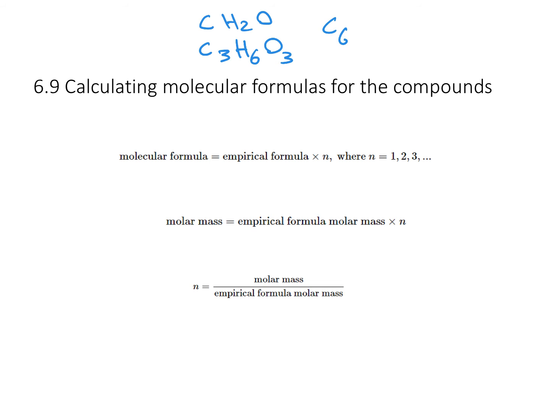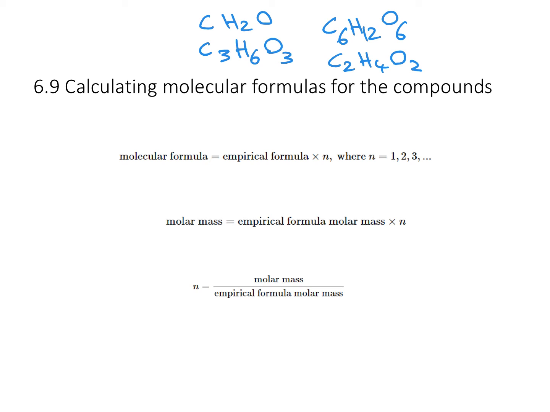Or it can be C6H12O6, or C2H4O2. So the molecular formula gives you the actual number of atoms in a compound, but the empirical formula gives you the simplest ratio. Does that make sense? Any questions?